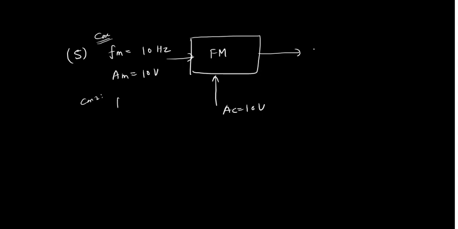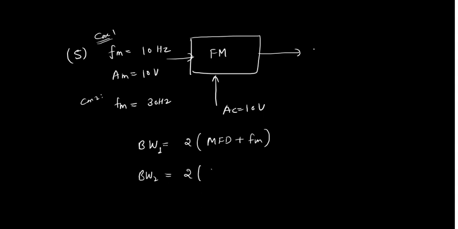In case 2, your frequency is increased to 3 times. So the question is, what would be the increase in the bandwidth? The bandwidth for the first case is 2 times (max frequency deviation plus Fm), and in the second case the bandwidth is, you have now tripled the frequency. So what would be the increase in the bandwidth?